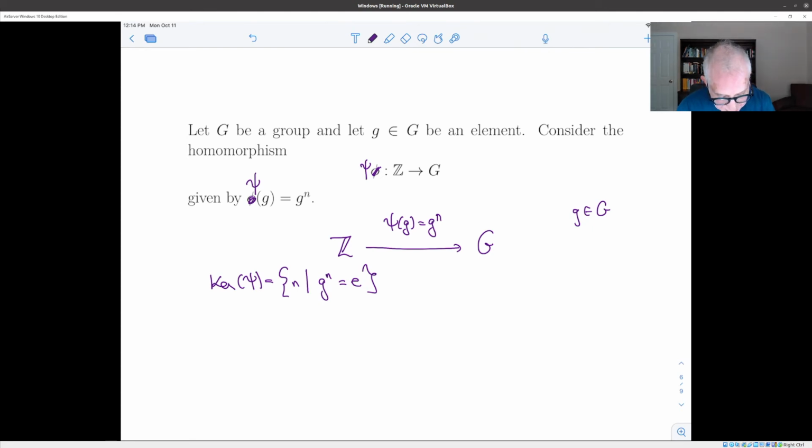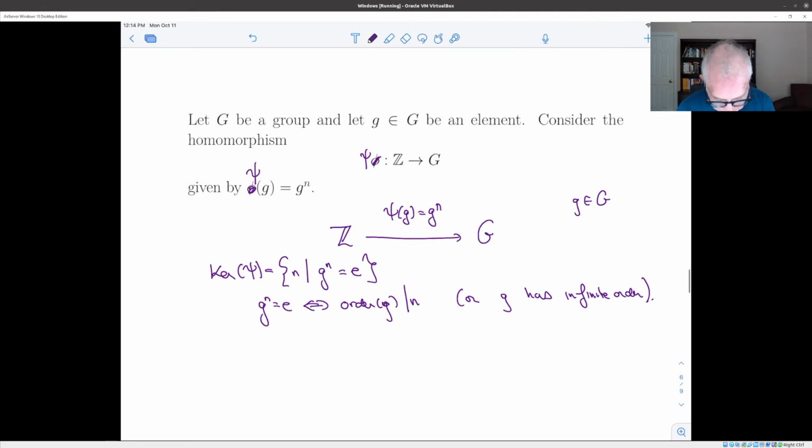But we know a lot about this. We've studied orders of elements, and we know that g to the n is equal to the identity if and only if the order of g divides n, or g has infinite order. Let's assume first that g has finite order.